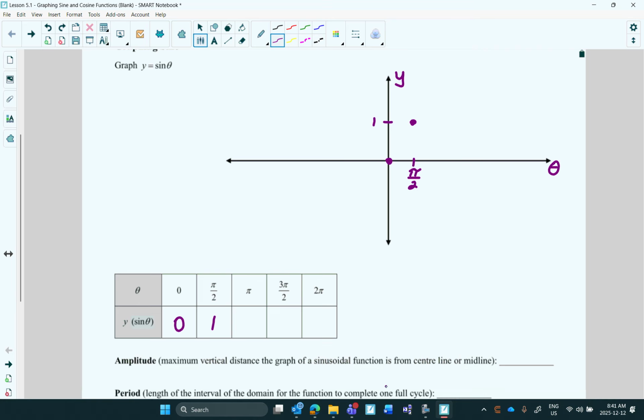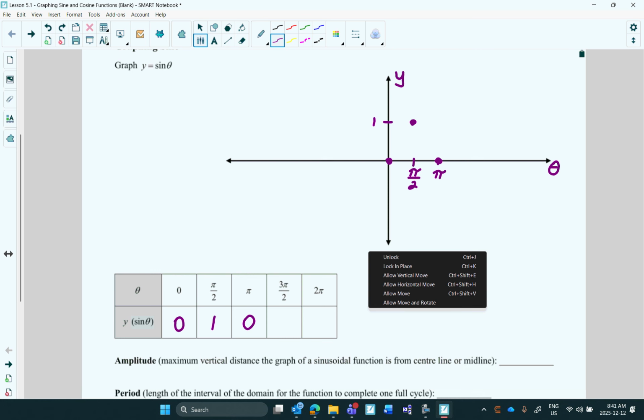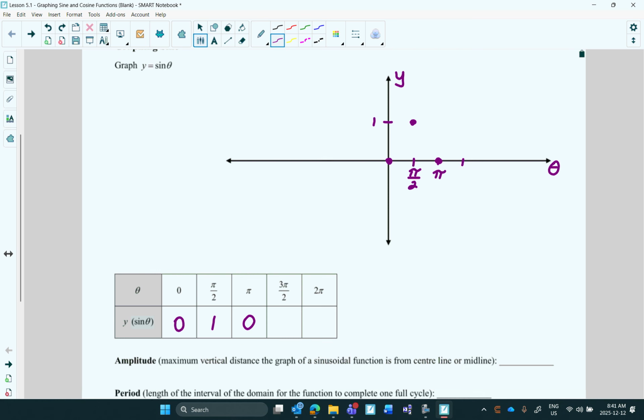So I go 0, half pi, and then full pi. And what's the sine of pi? Again, unit circle. Not 1, it's 0. And then when we add another pi over 2, we get 3 pi over 2. And what is the sine of 3 pi over 2? Negative 1.